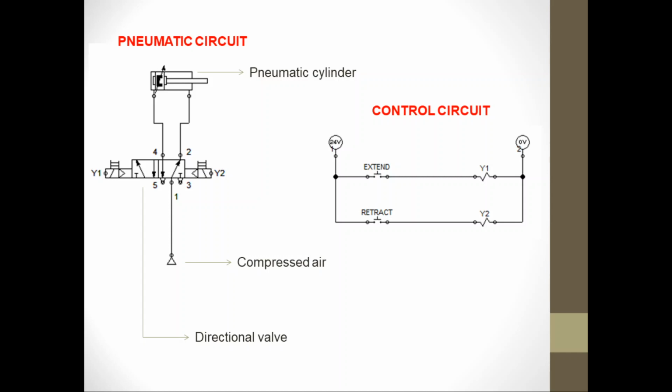Unlike the pneumatic circuit, where the distinct components are the pneumatic cylinders, the directional valve, and the compressed air, the control circuit may vary. Even if you have the same three components for the pneumatic circuitry, the control circuit depends on the type of movement that you want the pneumatic cylinder to perform.